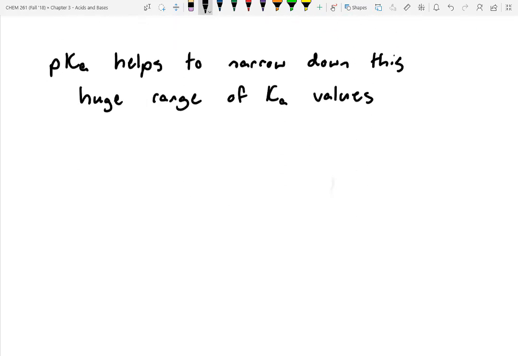All right, and it's important to think of P as a mathematical unit. What does P stand for in math? Think about pH, it's negative log, right? So pKa is going to be equal to negative log of your Ka unit, right?